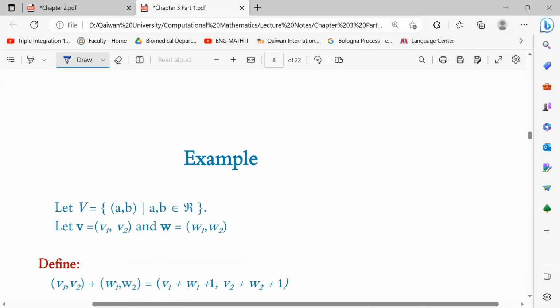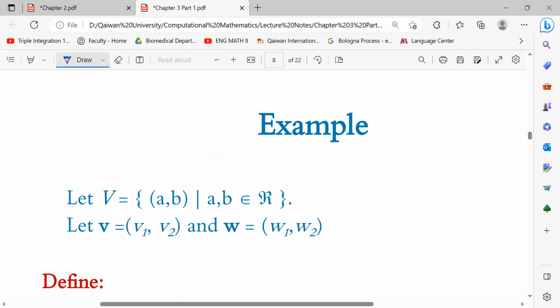Look at this. Here, it says let V be this vector. Here, V and W are these two vectors.